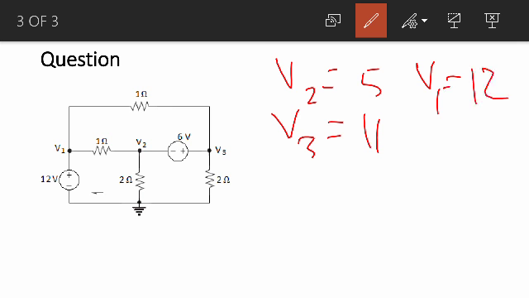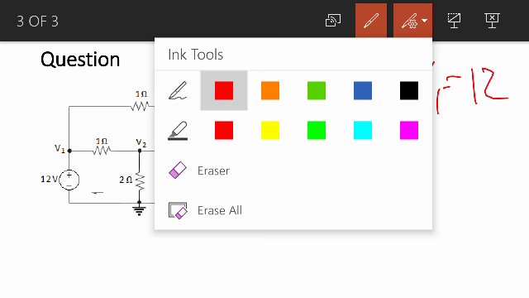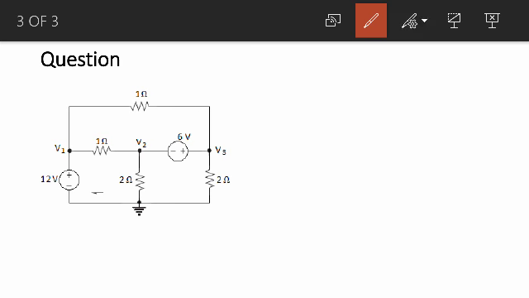At this point, we can also find the currents. Remember, we wrote down the relationships for the currents earlier. Your I1 is the one in the arm. Initially we said that I1 is equal to 2V1 minus V3 minus V2.